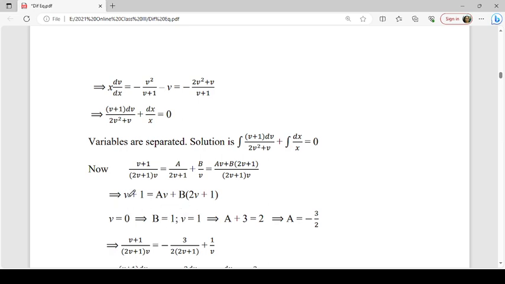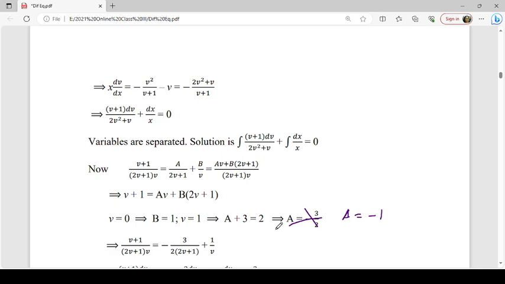If we write v equal to 1, then the left-hand side is 1 plus 1 is 2, and a plus b into (2 into 1 plus 1) is a plus 3, so a plus 3 is equal to 2, and so a is equal to minus 1.